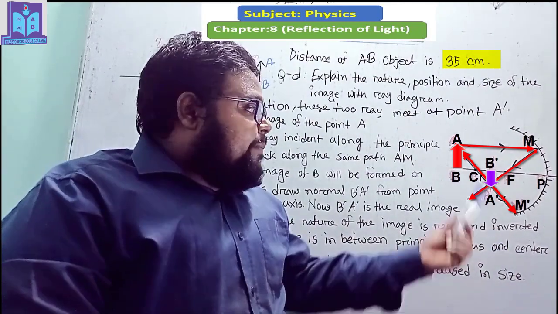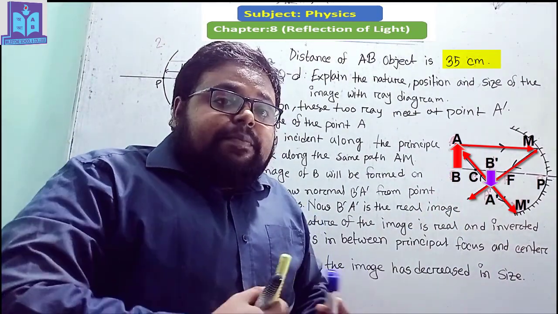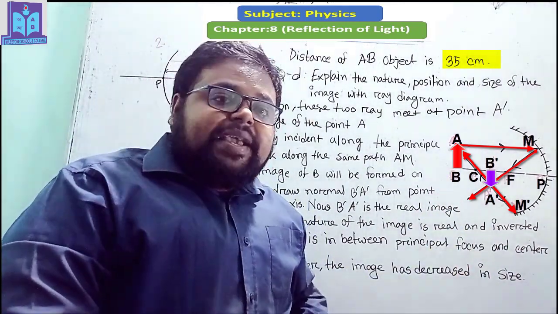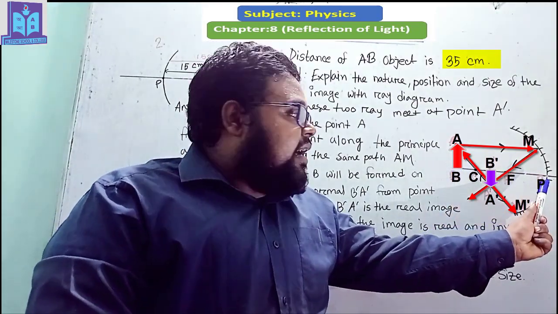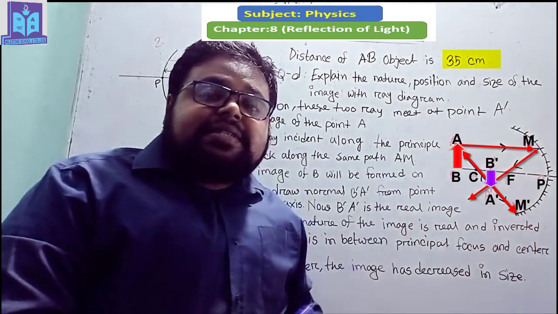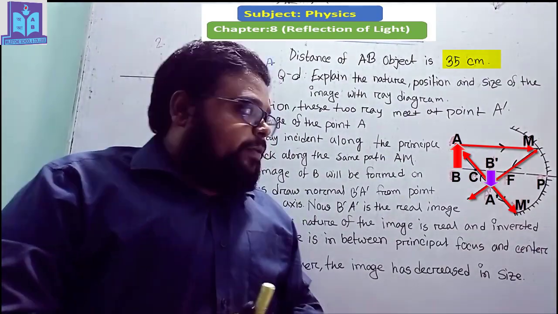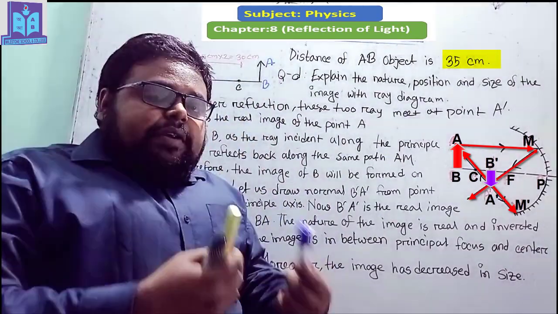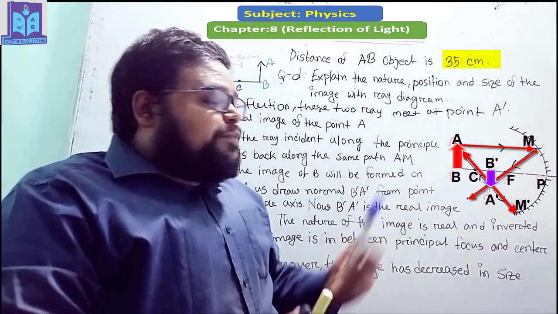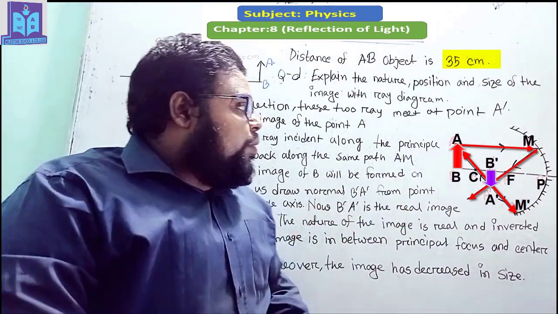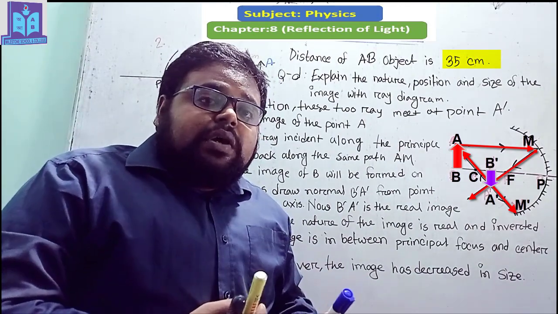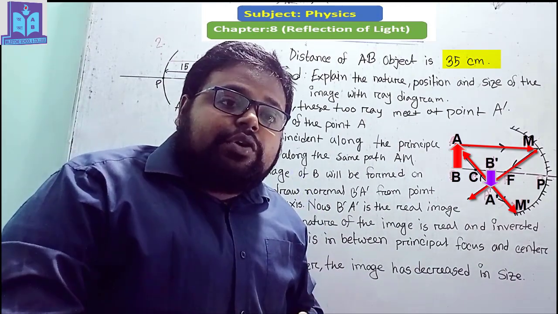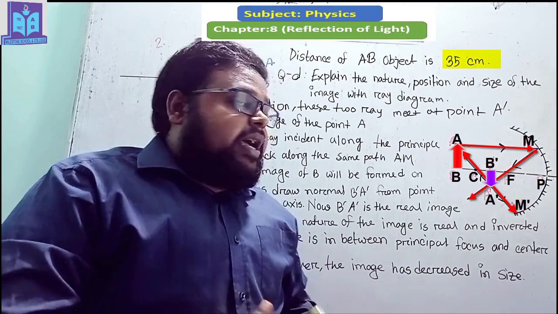That means the path of incident ray and the path of reflected ray will be the same. The incident ray BP and the reflected ray PB will be the same but in the opposite direction. After that I have to draw another two rays which will come from the A point if we want to know the exact position and the exact size of the image.